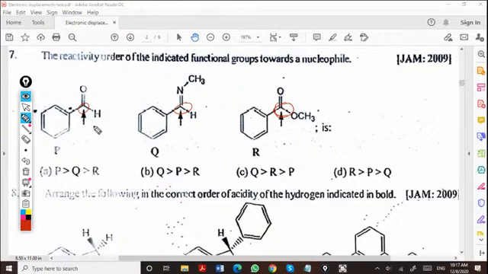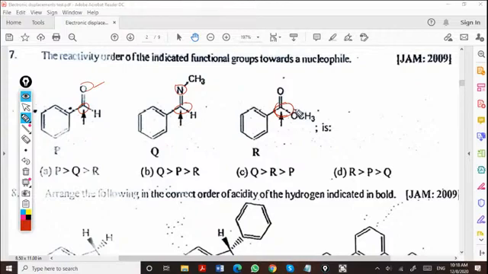So reactivity will be more if it is attached to a more electron withdrawing element. Among oxygen and nitrogen, oxygen will be more withdrawing in nature, more electronegative.